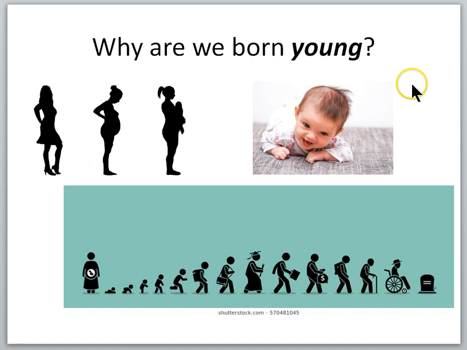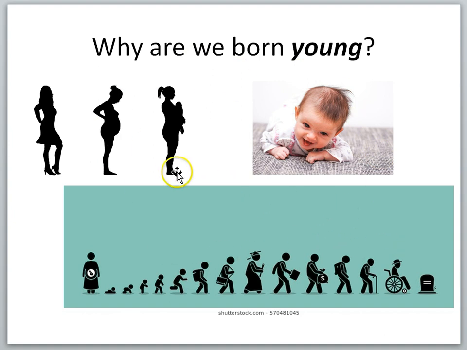Another question connected with the aging question sounds sort of strange to put it this way, but why are we born young? Now remember, the idea is an individual over their lifetime ages and then dies. But the human species itself doesn't seem to be aging over the millennia.